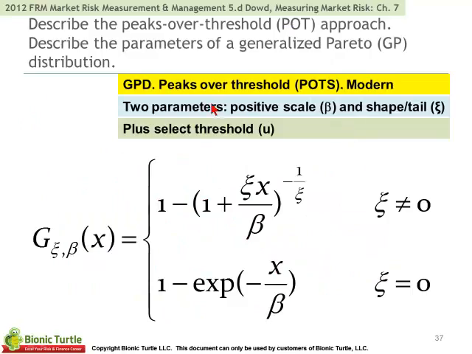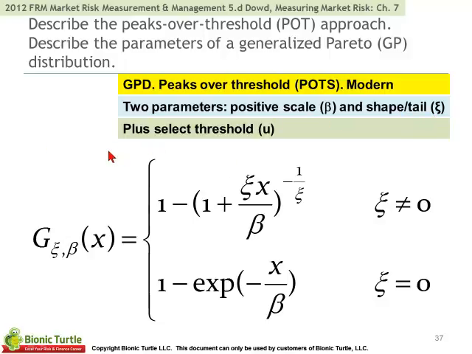I have the GPD, generalized Pareto distribution, a formula for that. So GPD characterizes the peaks over thresholds. It has two parameters, positive scale and shape or tail. I believe it's called either shape or tail.